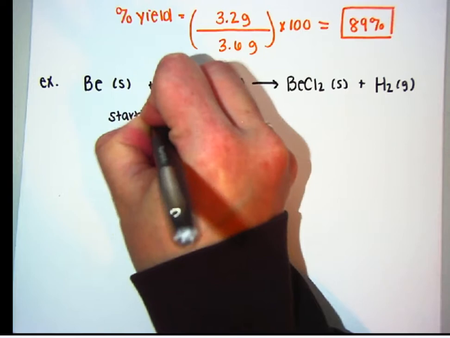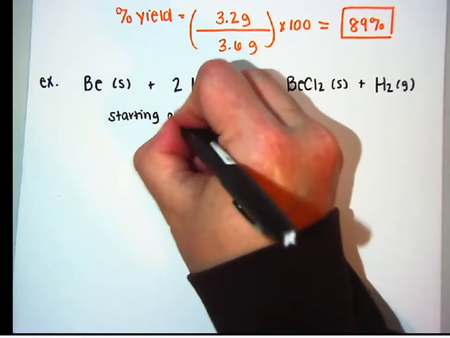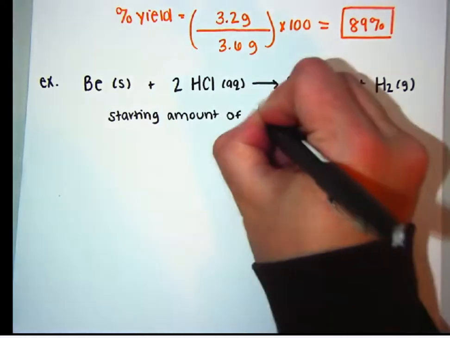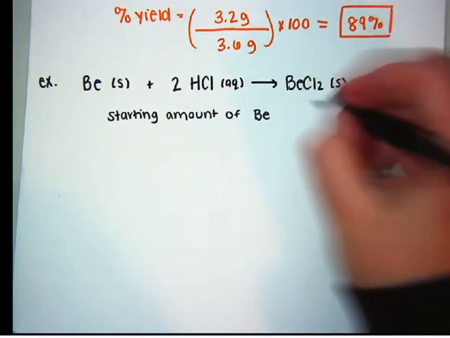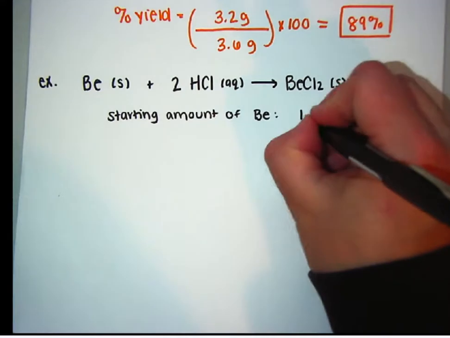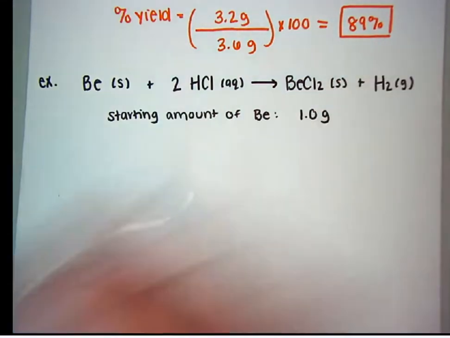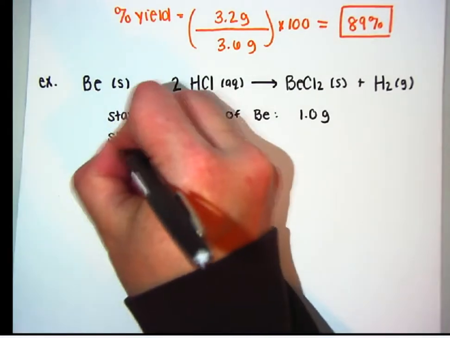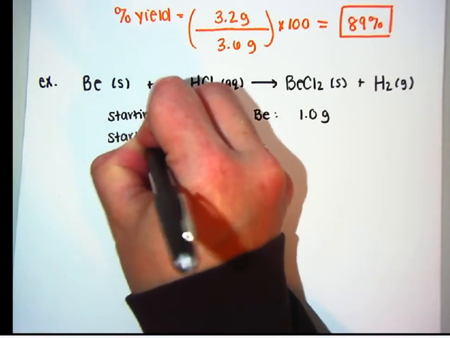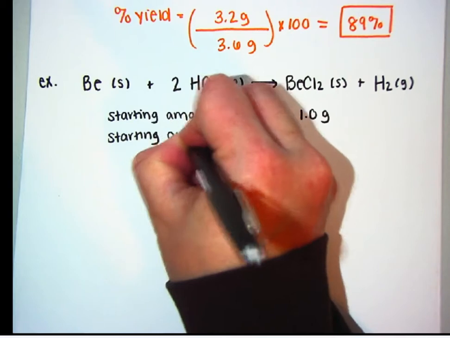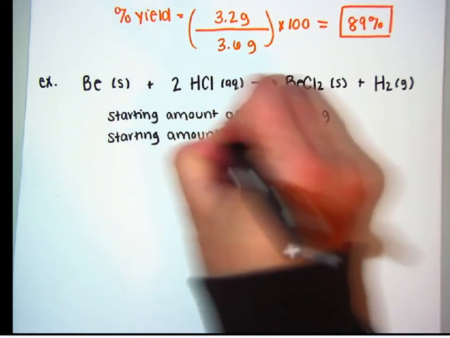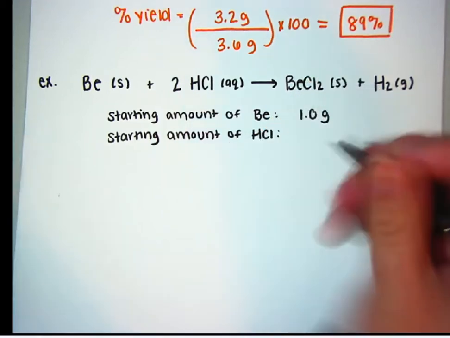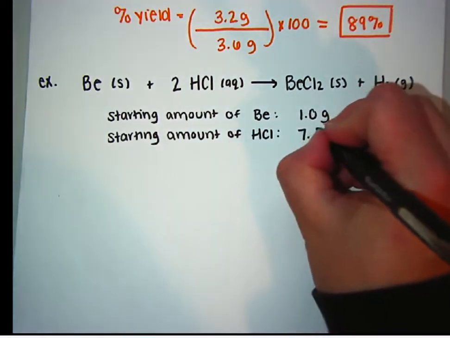And then we're going to have a data table. Alright, so we're going to start with 1 gram of beryllium, 7.5 grams of HCl.